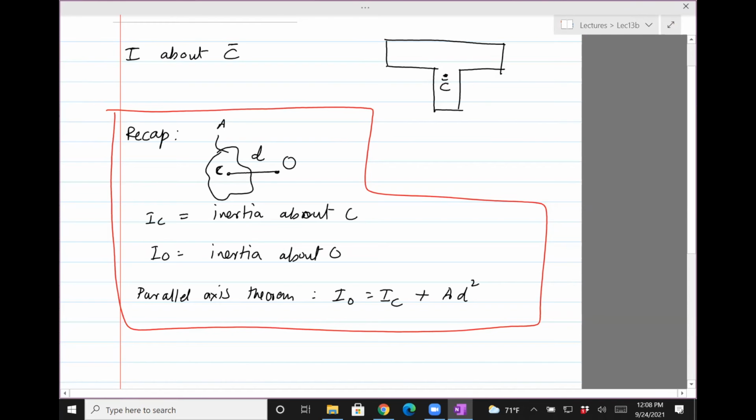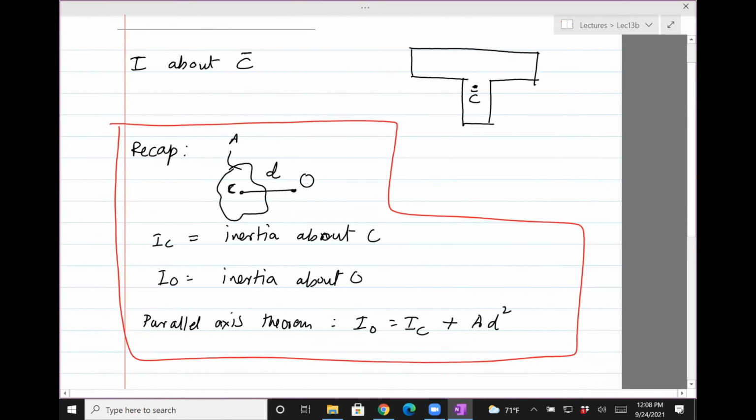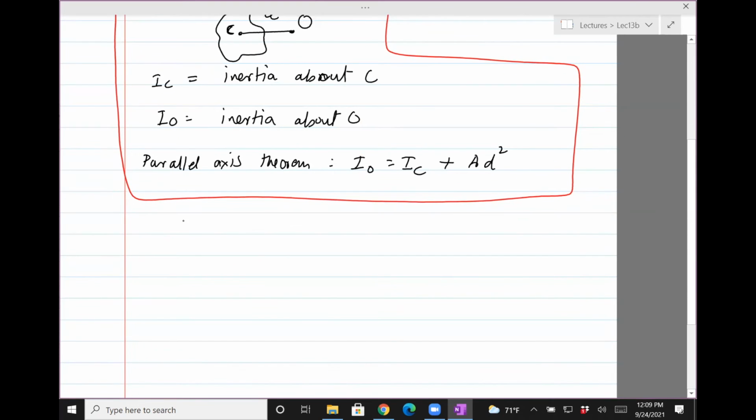In order to do that, we again break it down into two bodies. One is the top part, the horizontal part of the beam, and then the vertical part of the beam. So we'll find the inertia of both those things. So here's how we'll do it. Take this, let's call that C1. You want to find it about C bar.